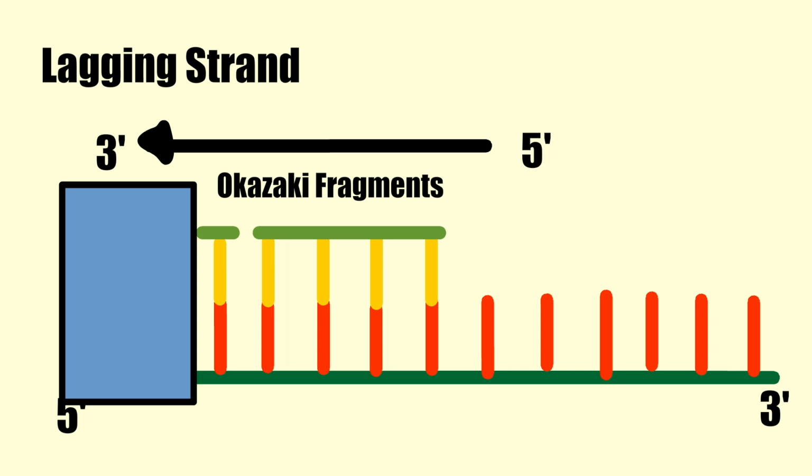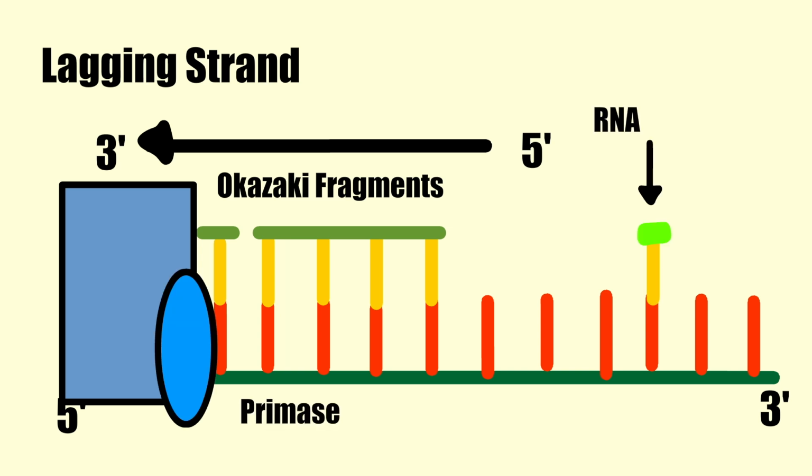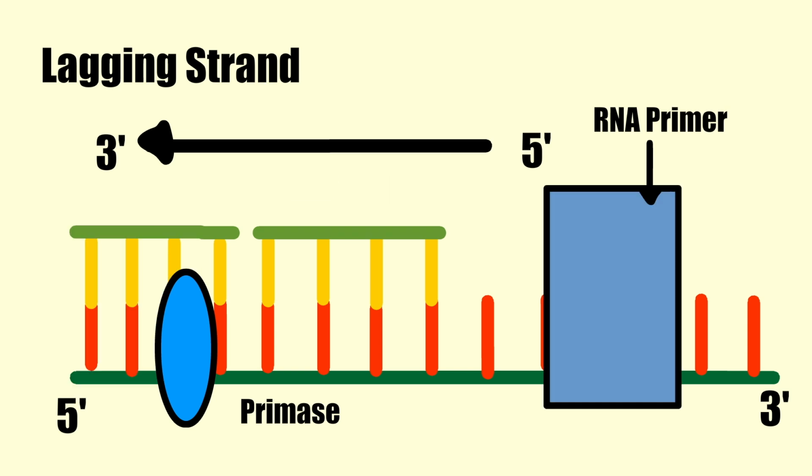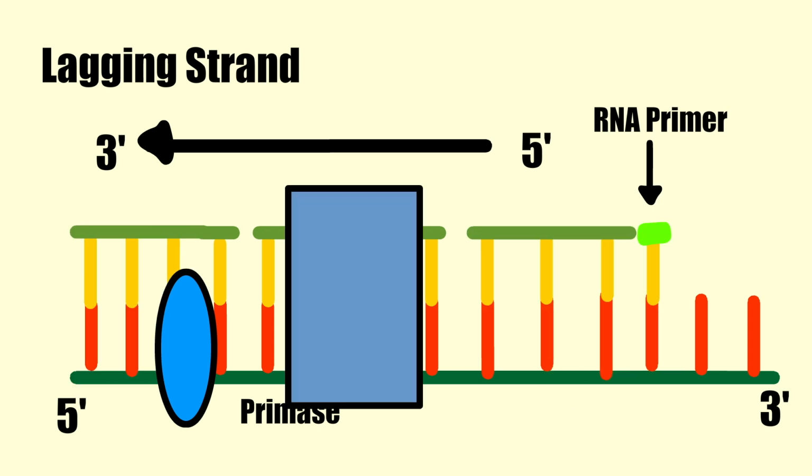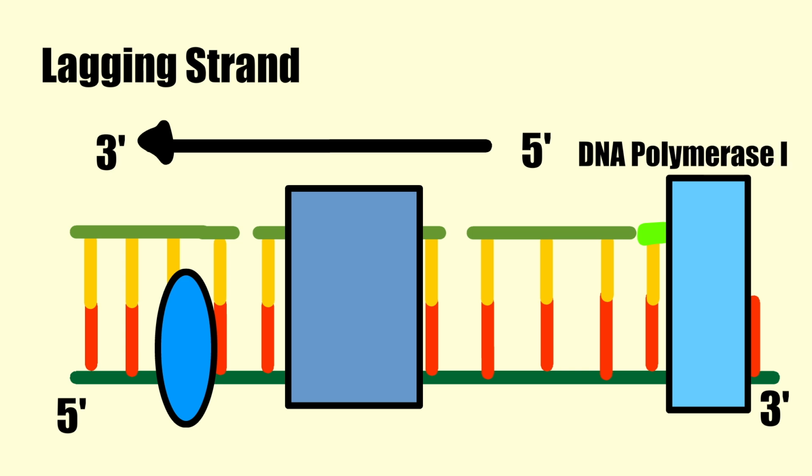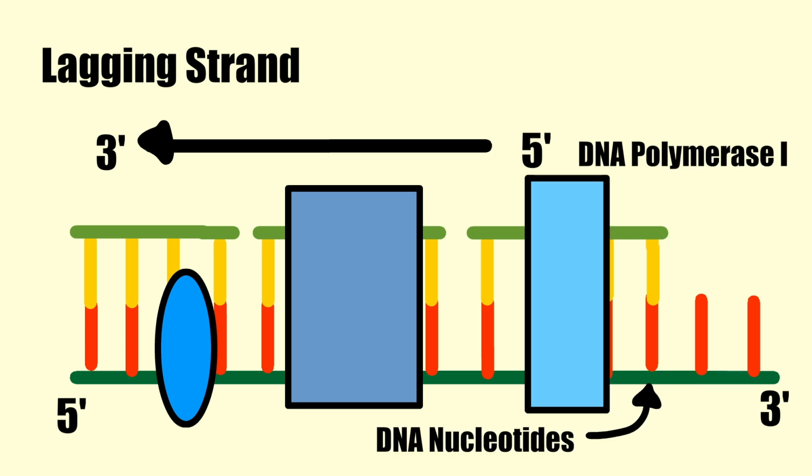For each Okazaki fragment, primase places a small RNA primer to mark the starting point. Then DNA polymerase III adds nucleotides to the fragment until it reaches the end of the previous one. After all the fragments are built, DNA polymerase I replaces the RNA primers with DNA nucleotides, ensuring the entire sequence is made of DNA.